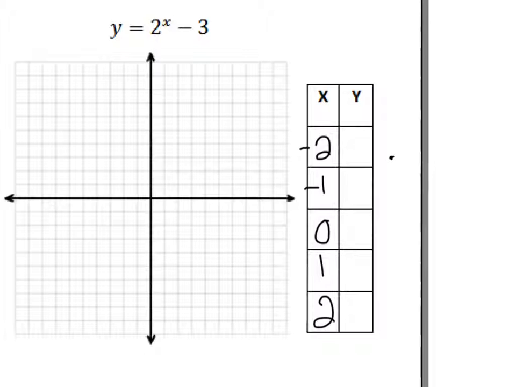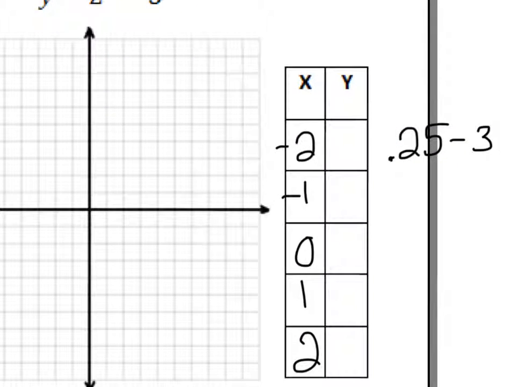So if I have 0.25 minus 3, that's going to be negative 2.75. The next number in the chart was 0.5. 0.5 minus 3, that's going to be negative 2.5.